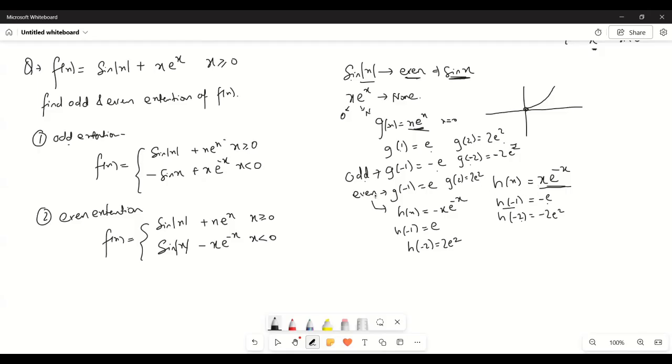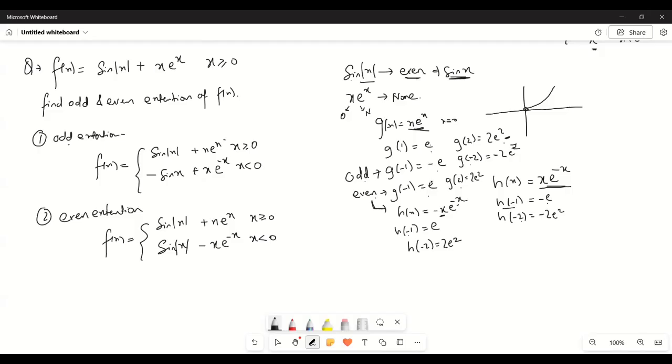एंड इवन के लिए क्या होगा? इवन के लिए g of -1 e आना चाहिए, g of -2 e² आना चाहिए, सेम एज दिस. तो we look at कि भाई इसके लिए कैसे फंक्शन को डिजाइन करें. सो we do it in this way कि भाई x तो नेगेटिव है पर आउटपुट पॉजिटिव होना चाहिए. सो दोनों जगह x को नेगेटिव कर दिया. सो -x e^(-x).